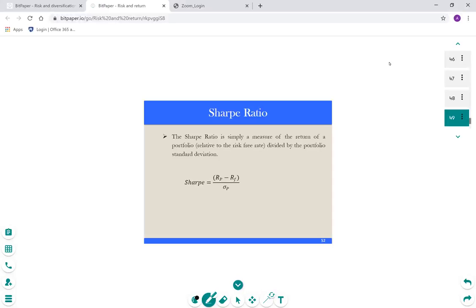The other way to do it would be to maximize the Sharpe ratio, which would be essentially getting the most return that you can out of a given level of risk. And this is always going to be relative to the risk-free rate. So we're always going to assume that we have some ability to invest in a risk-free asset that has 0 standard deviation and some positive return.